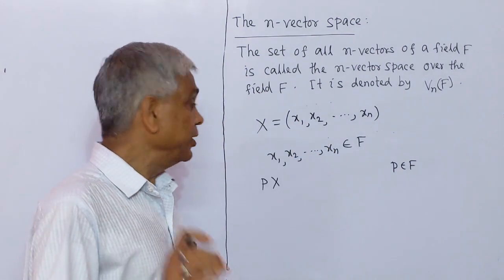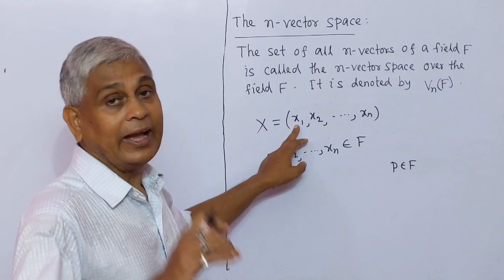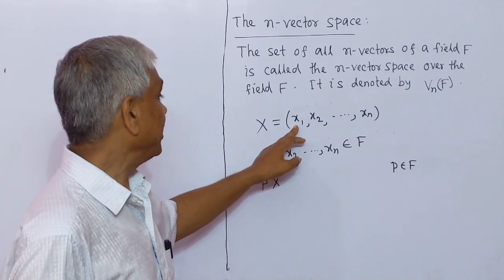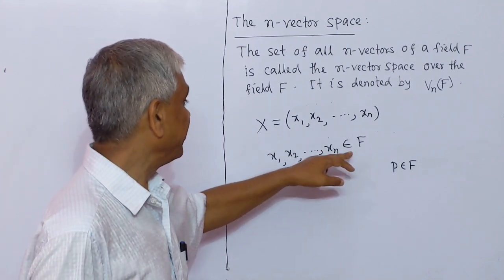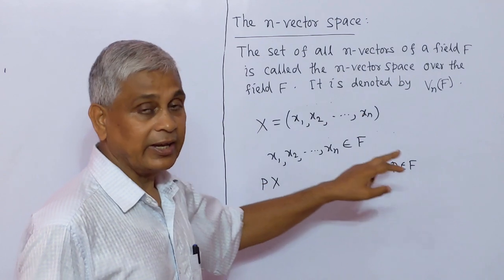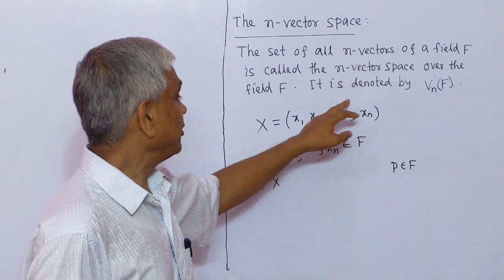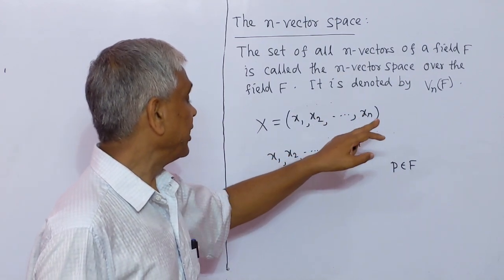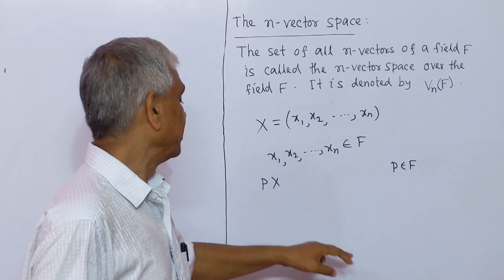Multiplication of two elements of the field is again an element of the field. Px1 is an element of the field, Px2 is an element of the field, and Pxn will be an element of the field F.